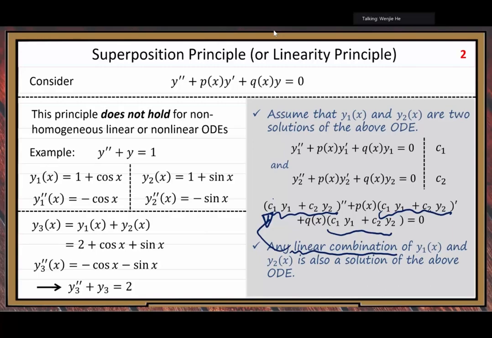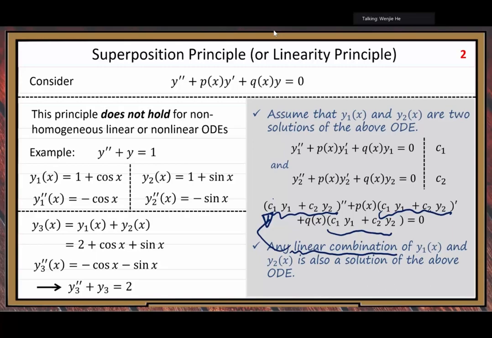Here, I want to ask you an interesting question before I move to the next slide. The sum of y1, y2 is not a solution of the original ODE, but how much is the difference? Look at the difference.